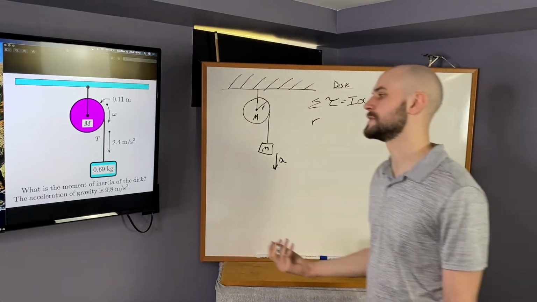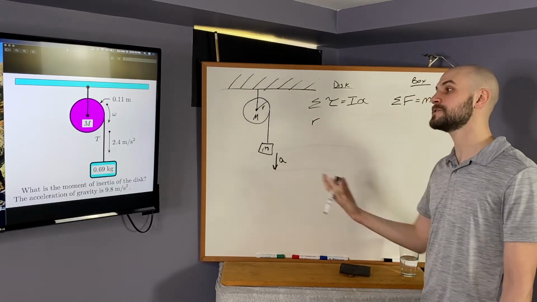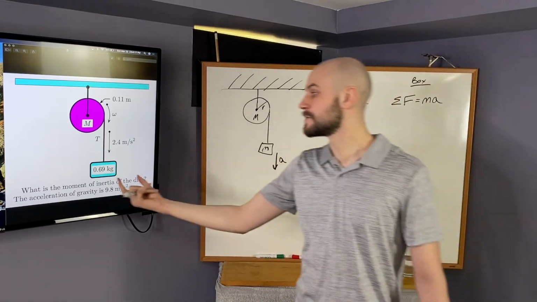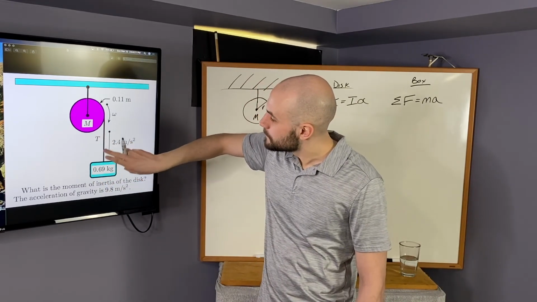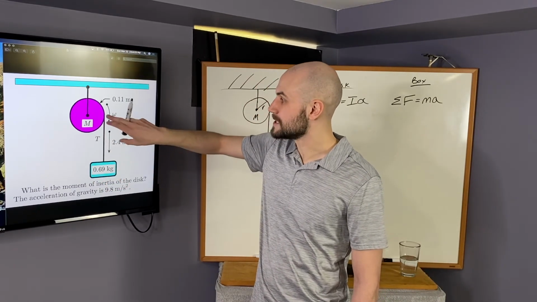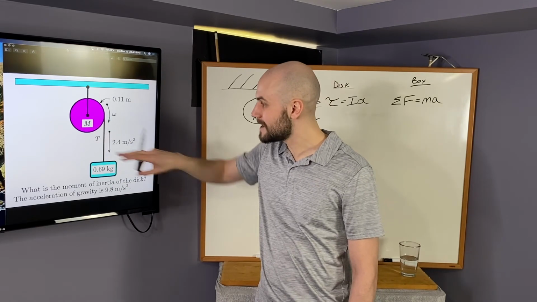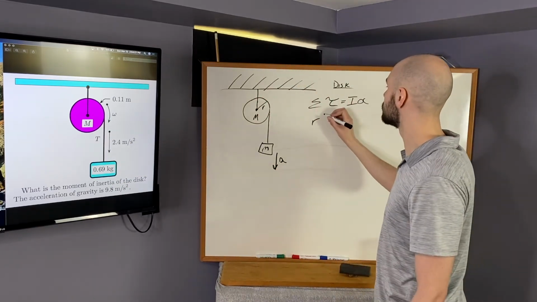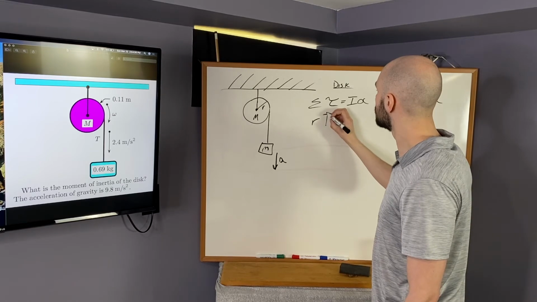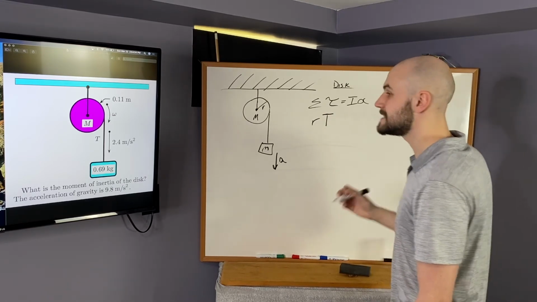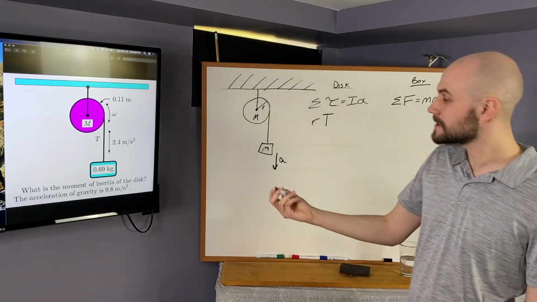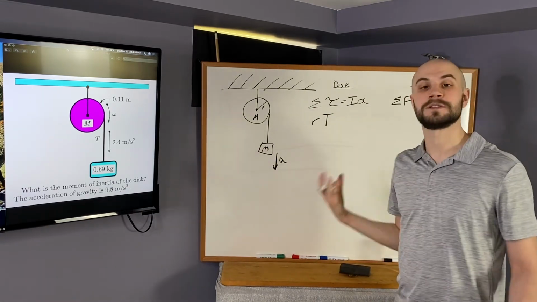Well, what force is pulling downwards? Your first guess might be the acceleration due to gravity of the box, but keep in mind that that's not the direct force that's pulling downwards on the disk. The force that's pulling down on the disk is actually the tension force of the rope. And we can't assume that the tension force in the rope is the same as the force of gravity of the box, because this whole system is accelerated.